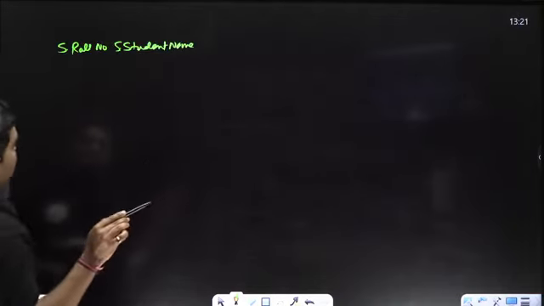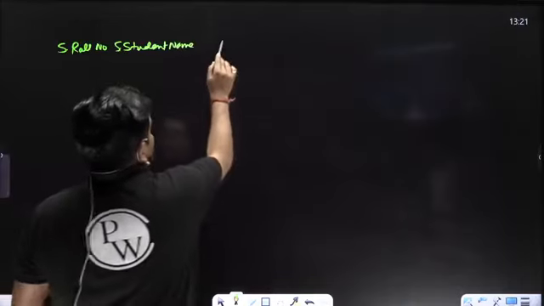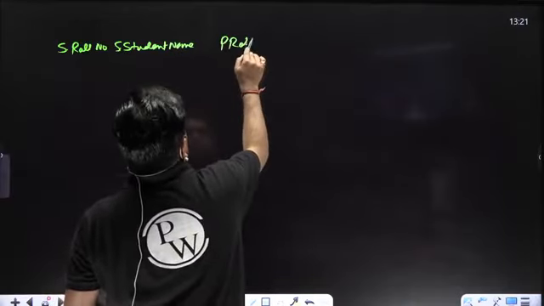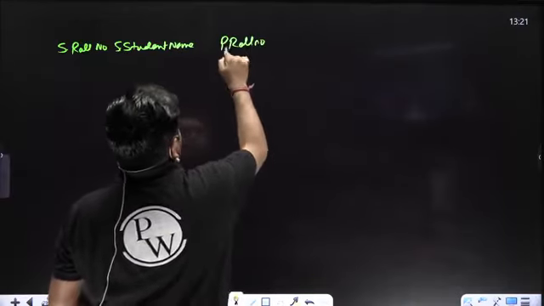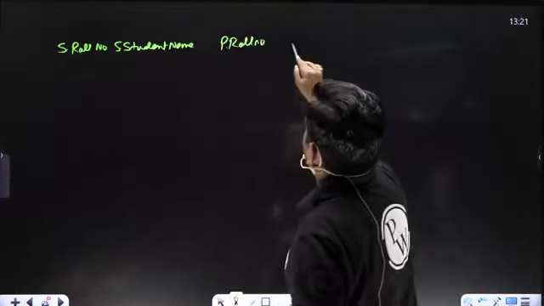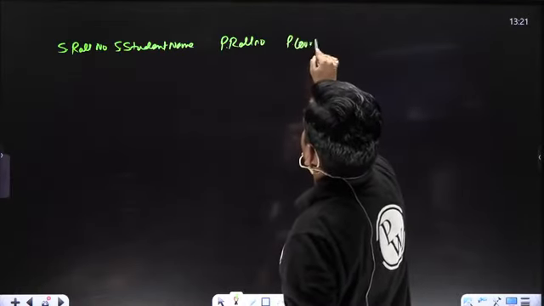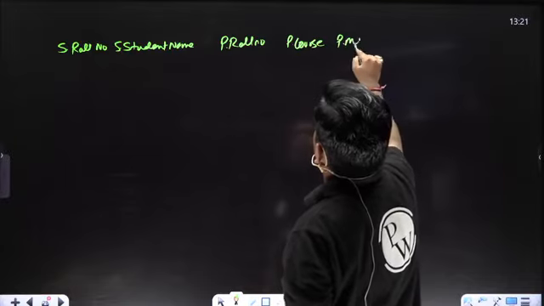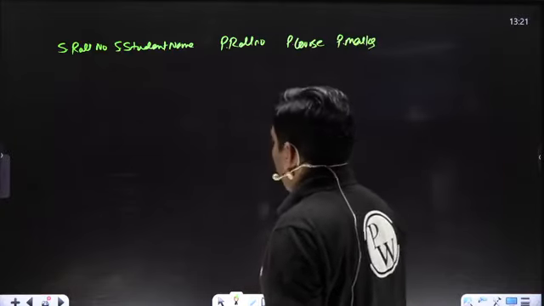And what is the second? P, performance: P.roll number, P.course, P.marks.